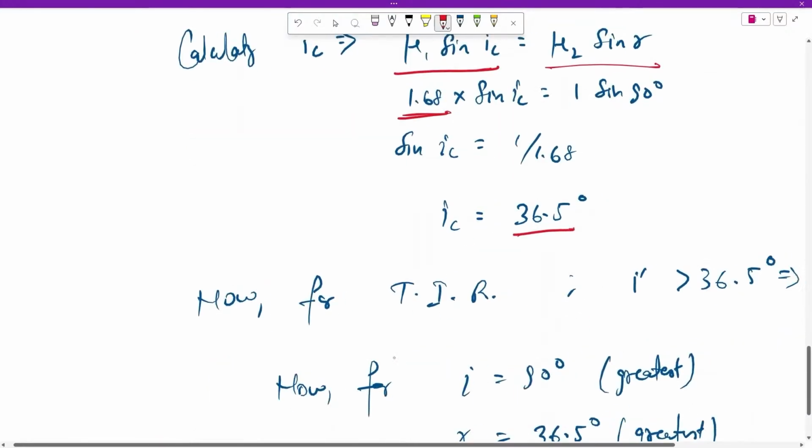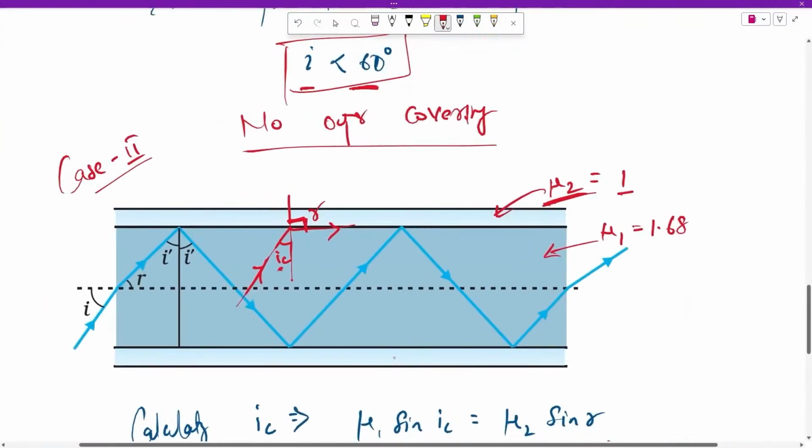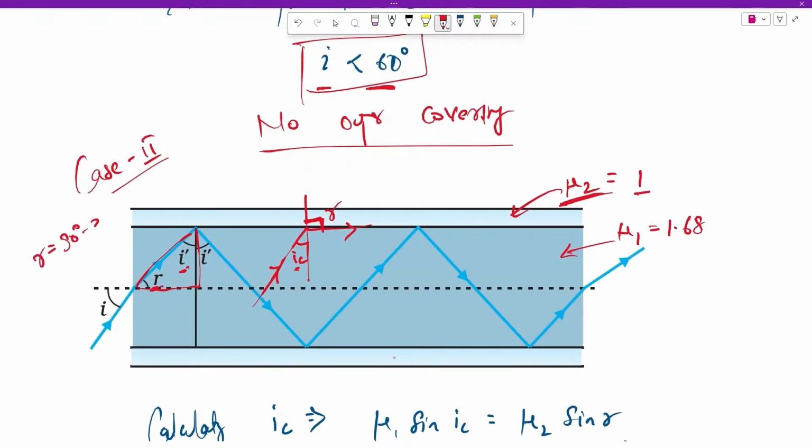Now for total internal reflection, we saw that since IC is equal to 36.5 degrees, I dash must be greater than this critical angle, that is 36.5 degree. Now again, using this triangle, we can see that if the minimum value of I dash is equal to 36.5 degree, then the maximum value of R should be 90 minus 36.5 degree.